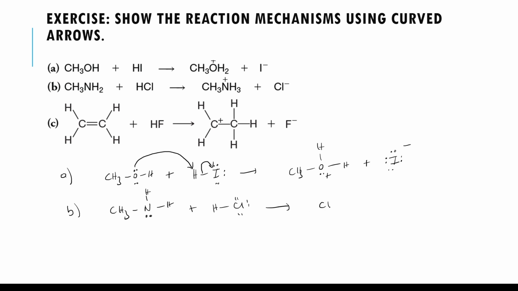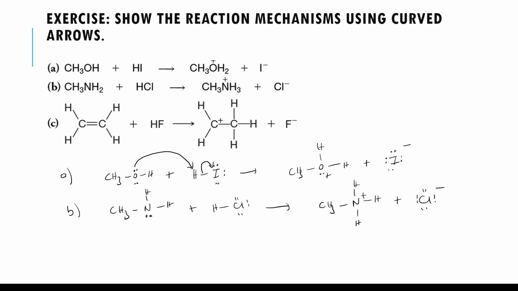And in the product, nitrogen is now attached to three hydrogens instead of two, and it has a positive formal charge. Plus we have the chloride anion, and it should have four lone pairs, and it has a negative formal charge. Now again, let's add the curved arrow to this reaction.